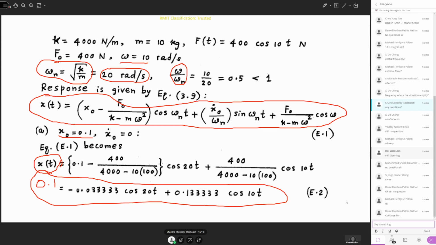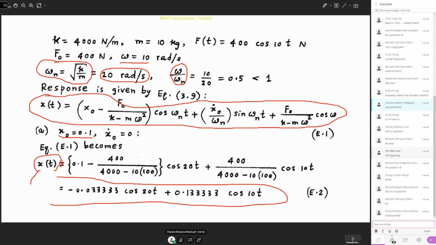Here the displacement is just given, initial displacement is 0.1. So this is calculated as 0.1 minus the whole thing. So finally you will get, I need to take out this 0.1. It is shown here.